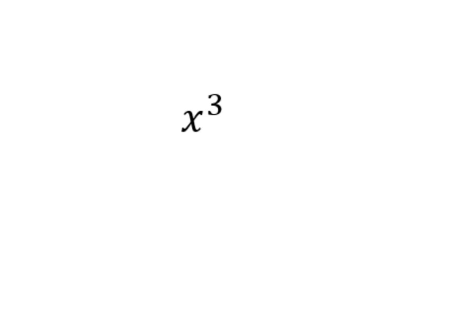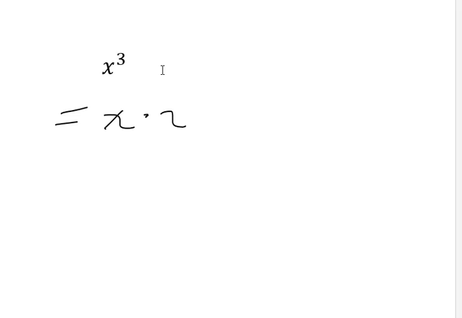All right, so let's take a look at this first example here. Before I start getting into the meat of what it means to work and evaluate expressions involving exponents, first I want to show you a basic exponent expression so you can get an understanding for what they mean. So here we have x to the power of 3. What this really means is x is being multiplied times itself 3 times.